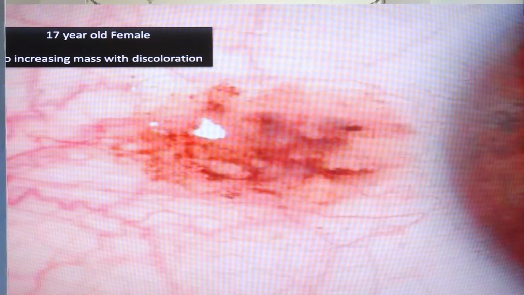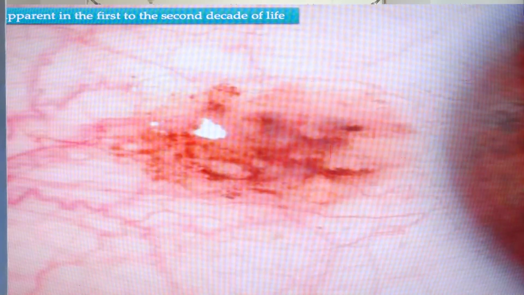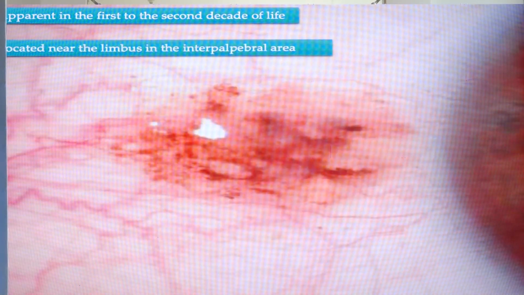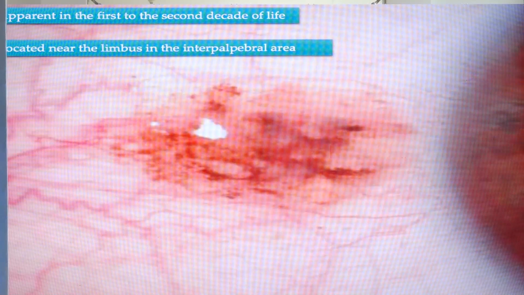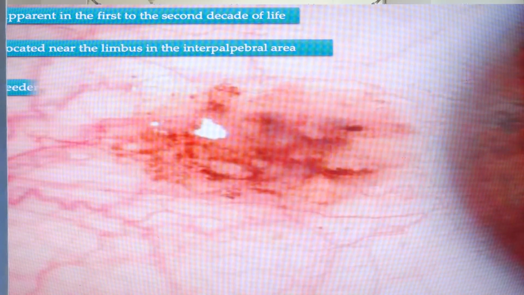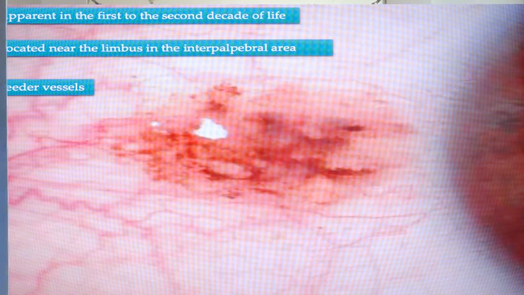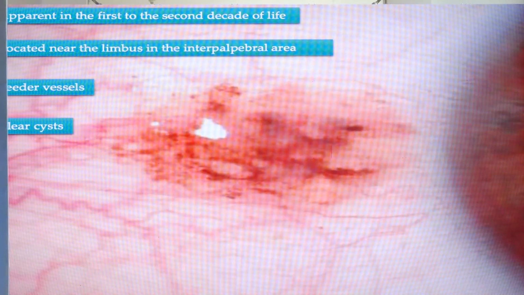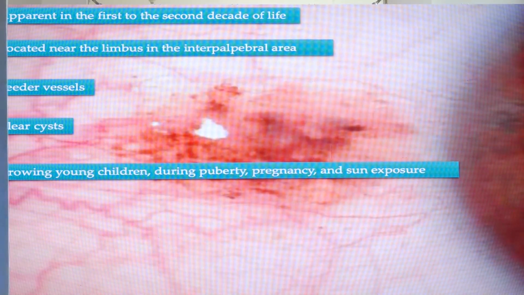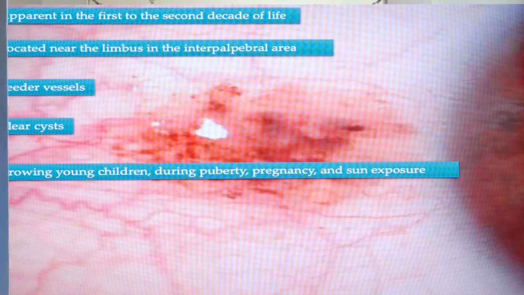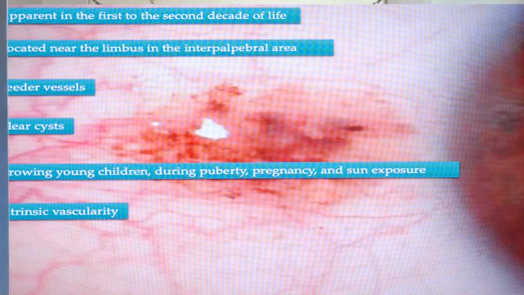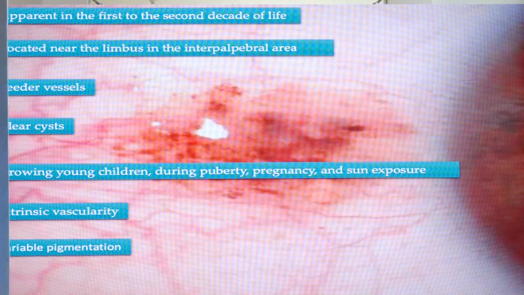For that you need to see there is a certain checklist which you should not miss at all in this kind of lesion. This appears in the first or second decade of life, which is common. This is not congenital. This is majorly in the interpalpebral area. There are feeder vessels, there is intrinsic vascularization. It does grow. Nevus is not something that should be stable in size, and it will have a variable pigmentation.